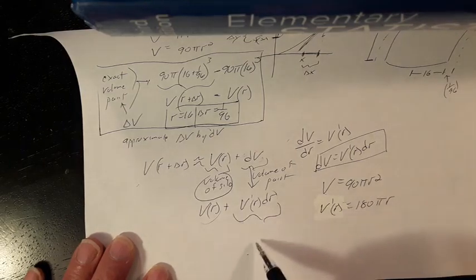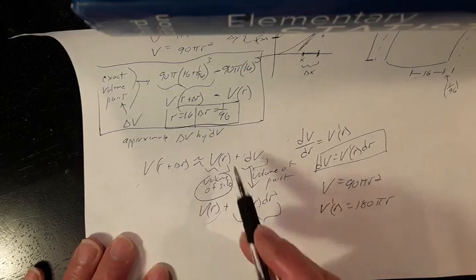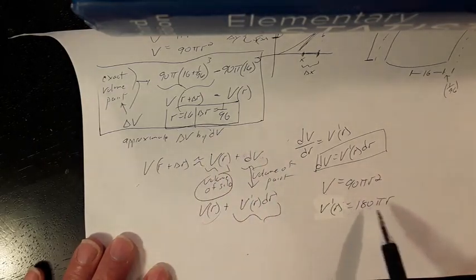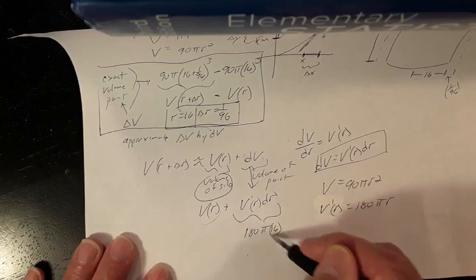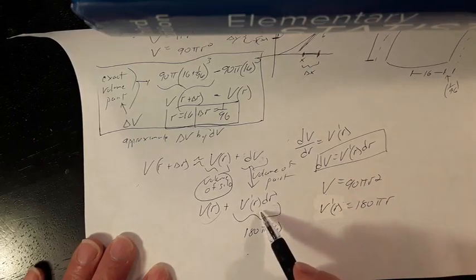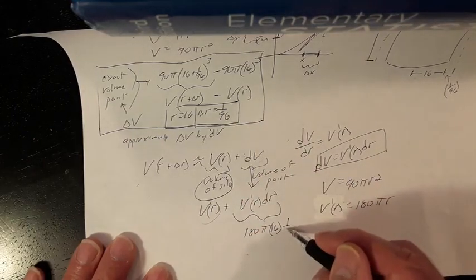So this V prime of r, remember, r is 16, so this is 180 pi times 16. And then dr is a 96th.